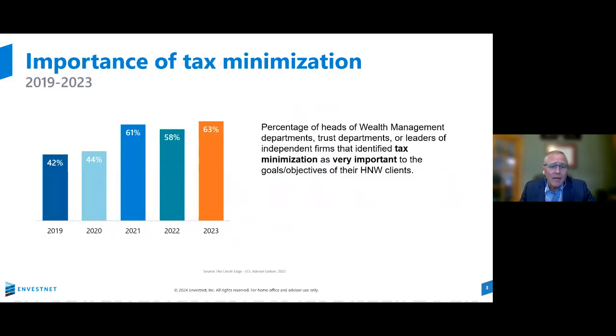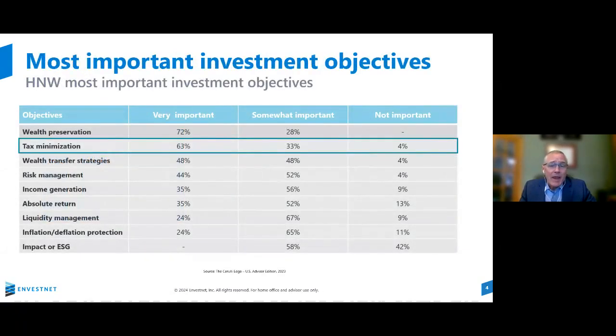It also is easy to see that the heads of wealth management departments across the country are starting to recognize this need to apply tax management to client accounts. As you can see, a fairly steady increase in the percentage of heads of wealth management that are prioritizing tax minimization. And this is showing similar data in a different way.